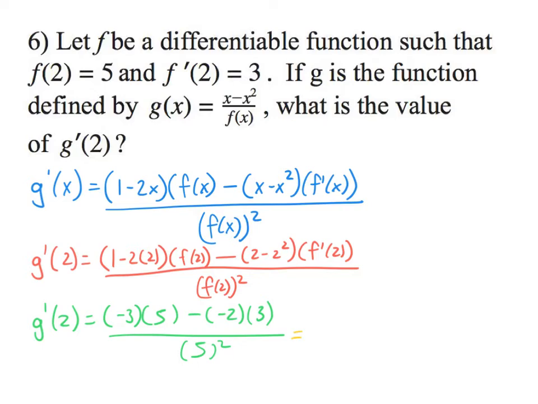This will be negative 15, ends up being plus 6, all over 5 squared, which is 25. So that would be negative 9 over 25. So what is the value of g prime of 2? g prime of 2 is equal to negative 9 over 25.